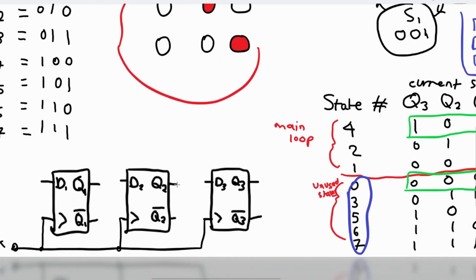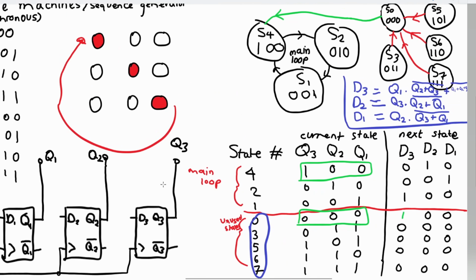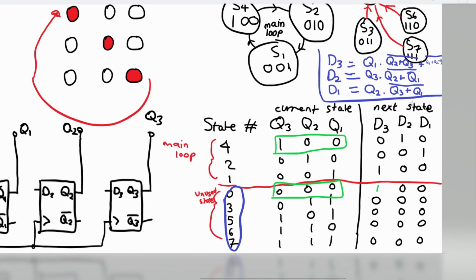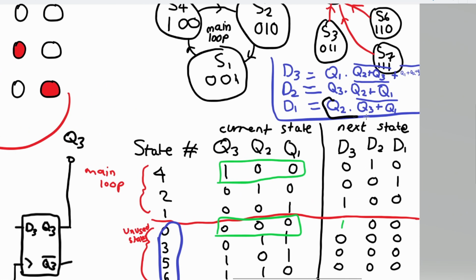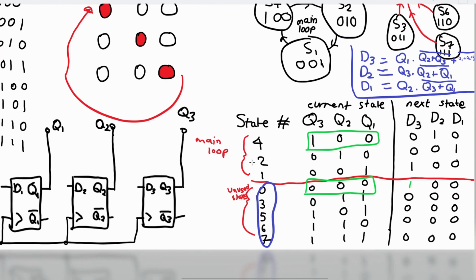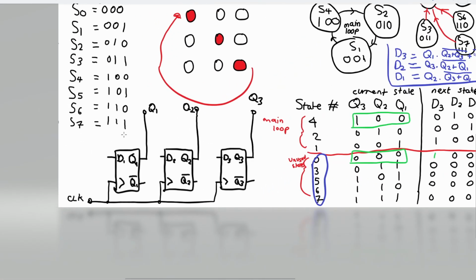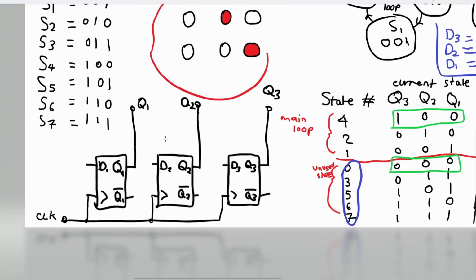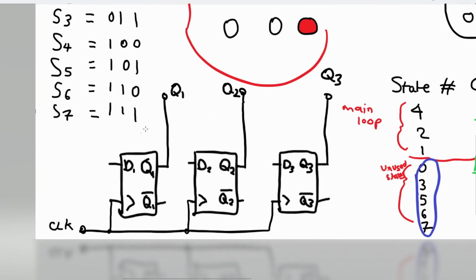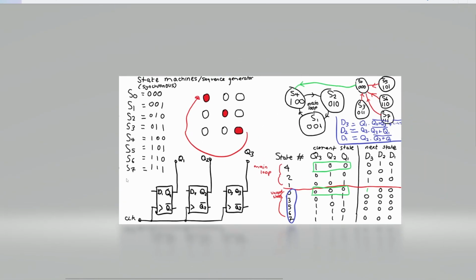So D3 is going, let's just draw these quickly. It's going to be Q1, Q2, and Q3. D1 is going to be Q2 and NOR Q3 and Q1. So let's do Q3, Q1. Okay, I'm going to put a NOR. Let me make this smaller. Actually, give me some more room.